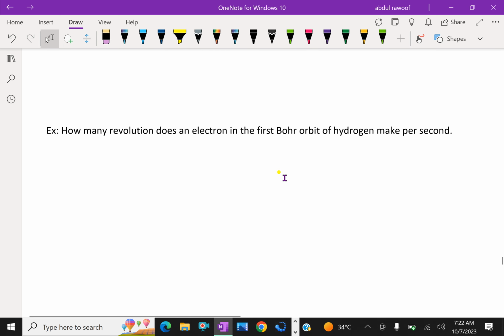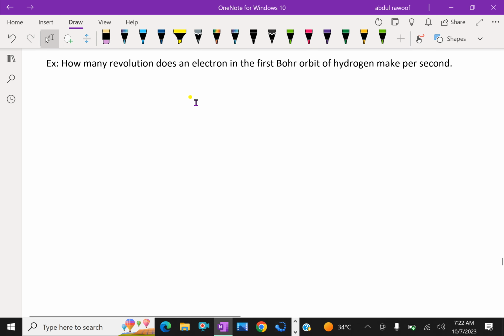Next one, how many revolutions does an electron in the first Bohr orbit of hydrogen make per second? Determine the orbital frequency of an electron in the first Bohr orbit in a hydrogen atom.